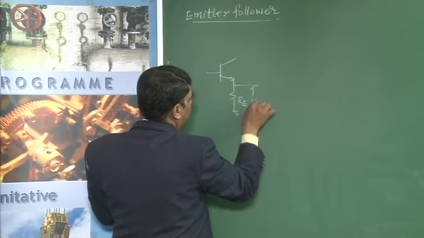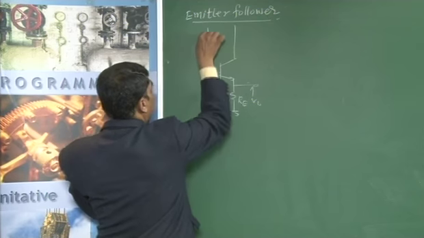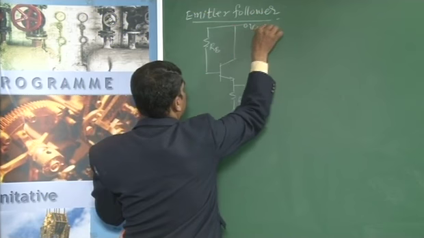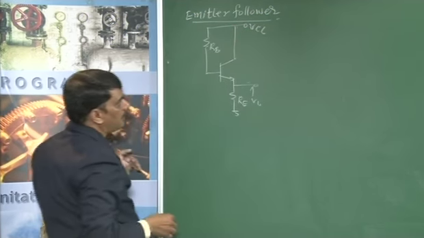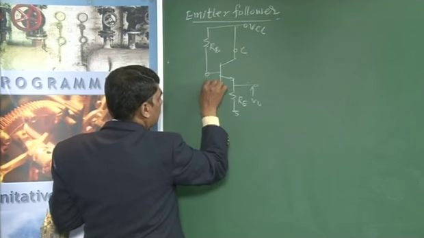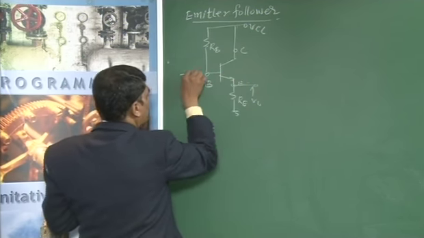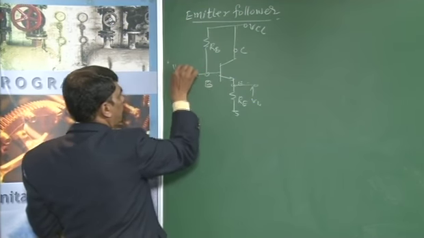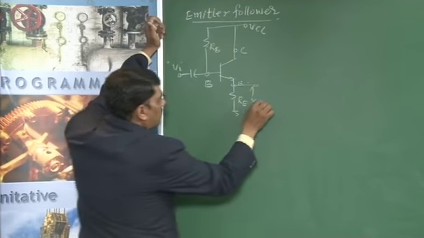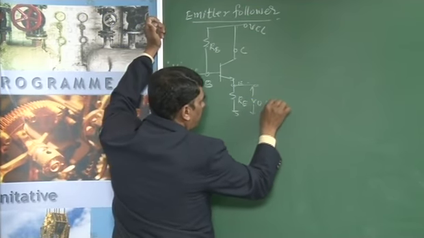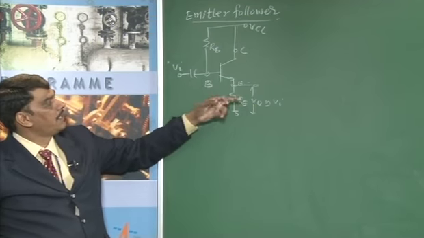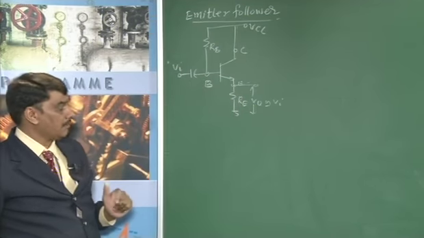The circuit used here is also a simple fixed bias circuit, where the collector is connected directly to VCC, and this is Vi. It is called an emitter follower because the output voltage V0 is approximately equal to Vi. We need to prove that the voltage gain of an emitter follower is equal to 1, that is the objective.